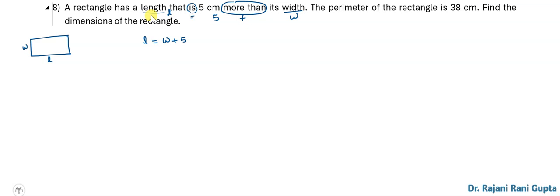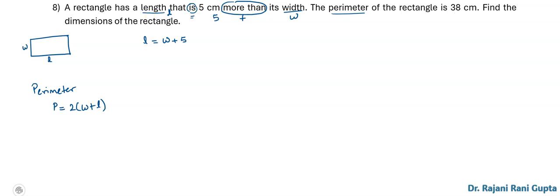Okay. Now the perimeter. What is the perimeter of a rectangle? The perimeter P is given by 2 times (W plus L). You need to know this formula. Okay. So what is given?